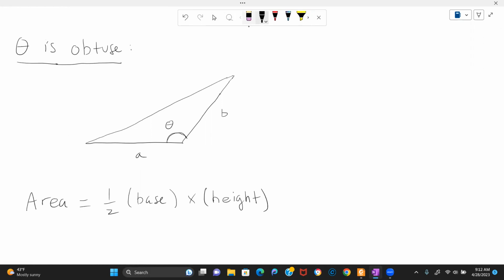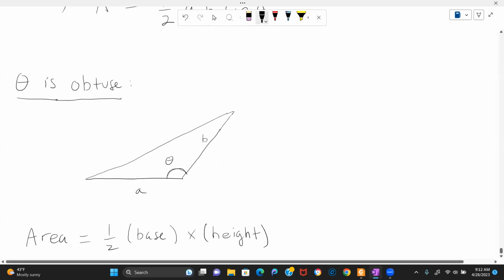But we can do the same sort of trick we did in the other case, which was to form a right triangle from the given triangle. We're again going to take a vertex. In this case, we can imagine that this side a right here, we extend out as a ray going up to infinity.